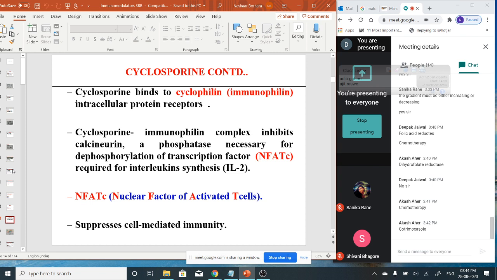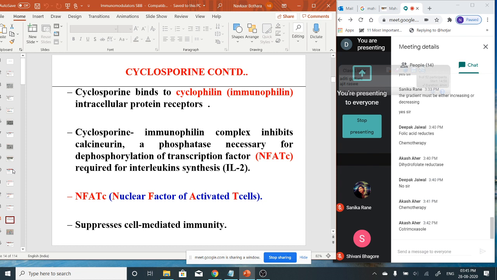So this is an intracellular protein receptor wherein it acts. This cyclosporin and immunophilin complex will inhibit calcineurin. It is an important phosphatase enzyme, the enzyme which breaks phosphate, for the dephosphorylation of the transcription factor NFAT, that is nuclear factor of activated T cells.